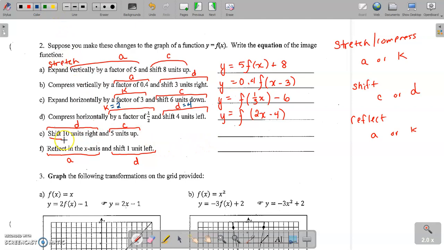And next, if you shift 4 units to the left, oh, hang on, slight mistake. When you're shifting 4 units to the left, that means your d is negative 4. So then this would become positive. Sorry about that.